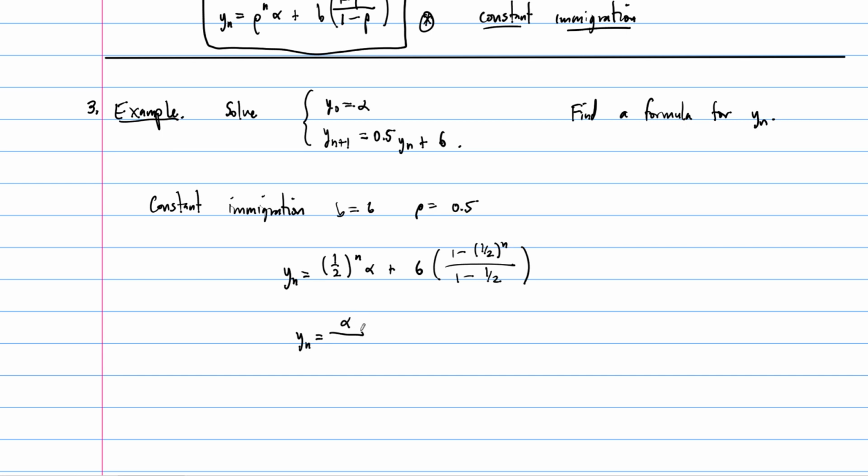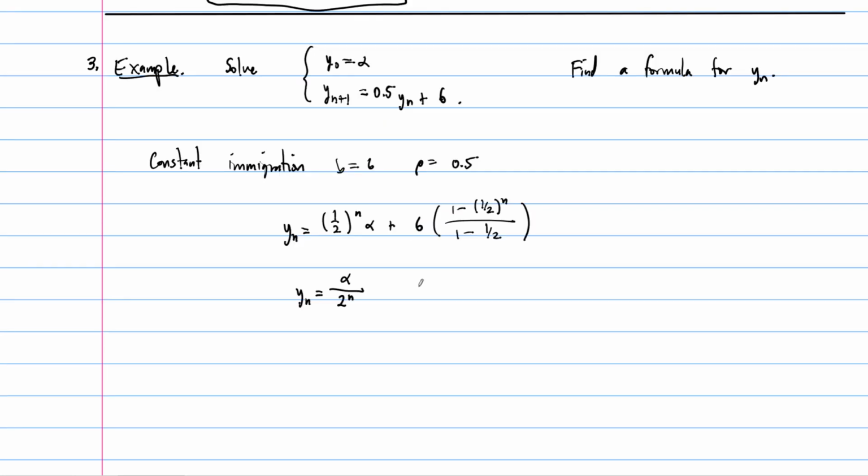So this is going to be alpha, initial population, over 2 to the power n. Notice this growth rate is actually less than 1, right? So this population's decreasing in size in this sense, but there's immigration happening, right? So it's going to be this, and then when we add this all together, we multiply through by 2 to the power n on the top. This on the bottom is just equal to a half, right?